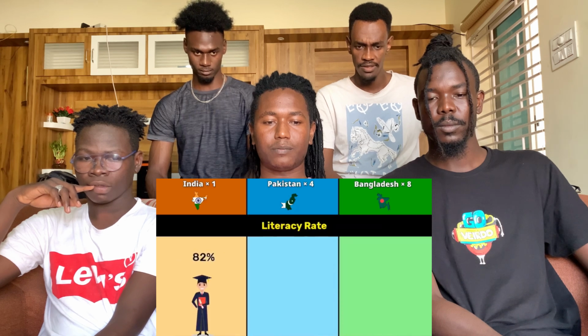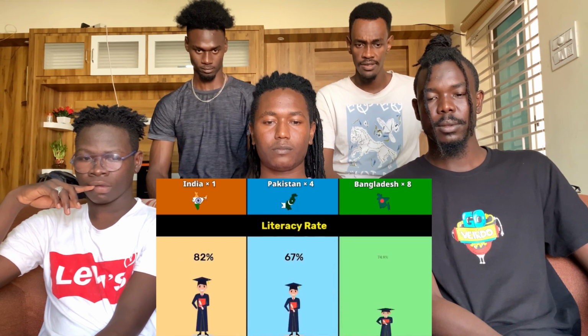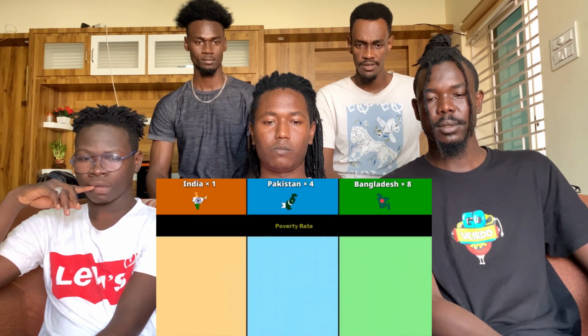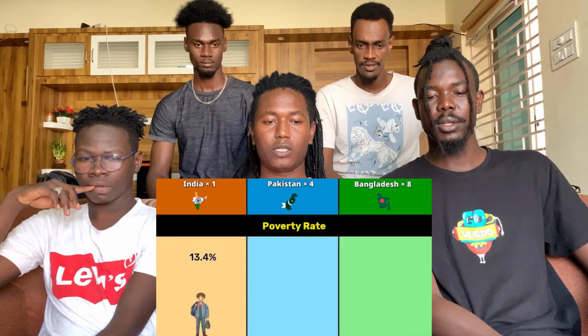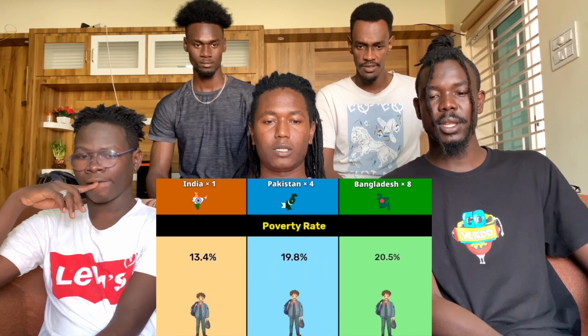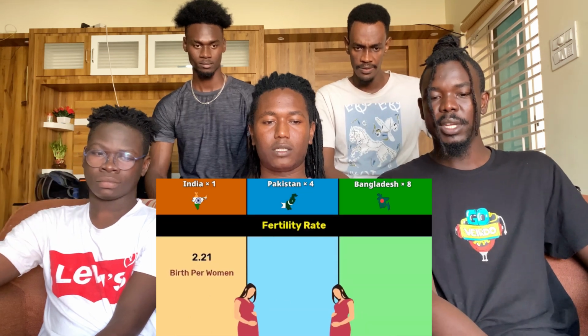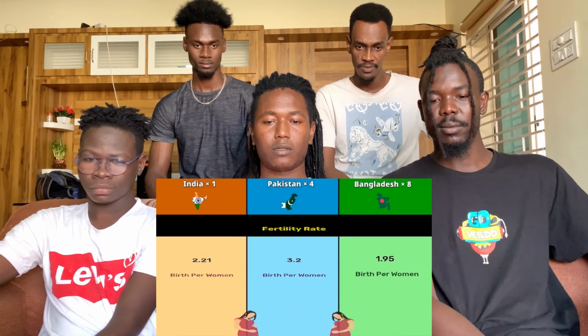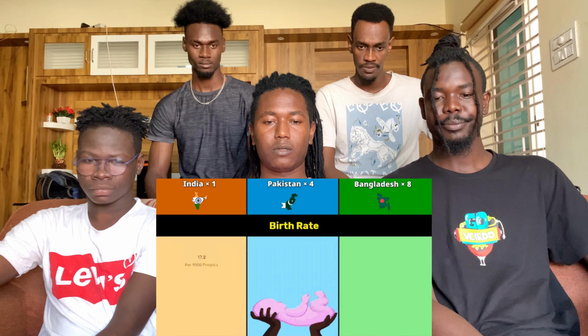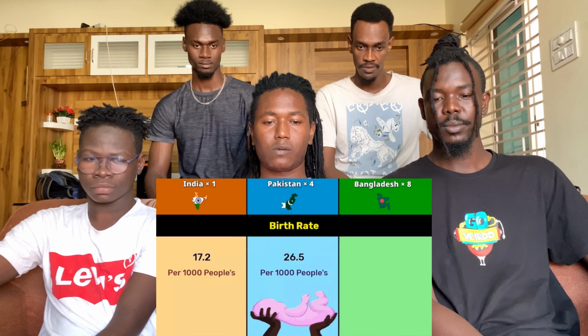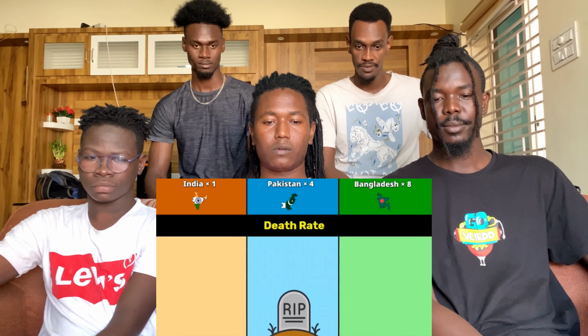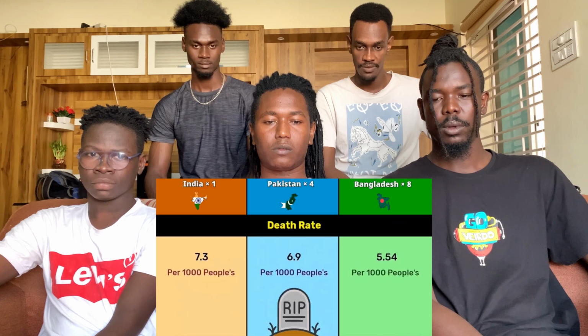Literacy rate 82%, 67%, 74.9%. Poverty rate 13.4%, 19.8%, 20.5%. Fertility rate 2.21, 3.2, 1.95. Birth rate per 1000 people 17.2, 26.5, 17.6. Death rate per 1000 people 7.3, 6.9, 5.54.